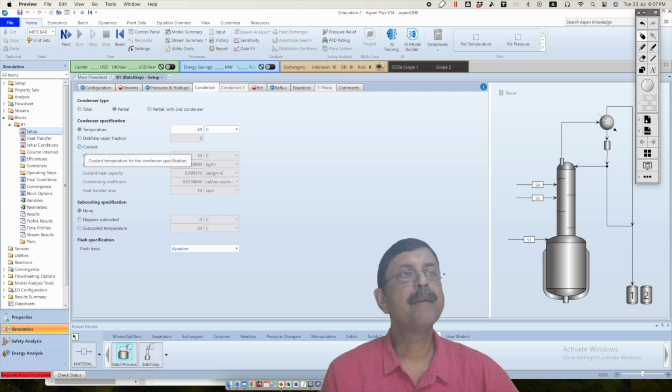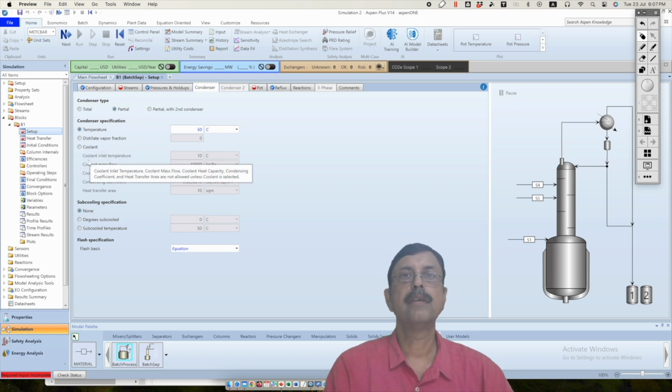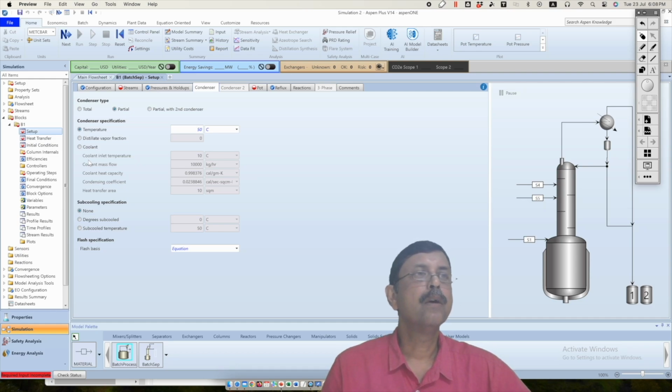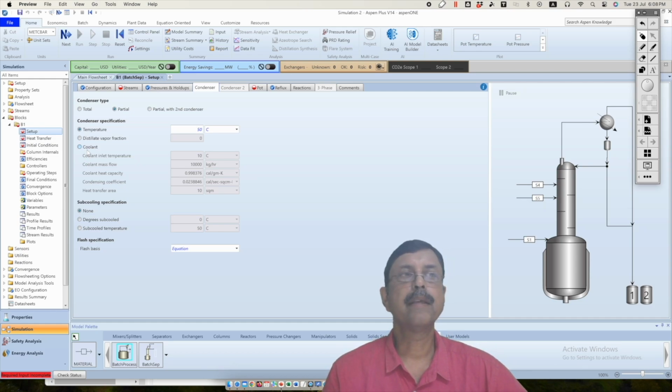Or you can specify the coolant, because each and every condenser will be fitted with some jacket through which the coolant will flow and condense the distillate. Okay, so the coolant temperature or the coolant mass flow rate, all those specifications may be given over here, and accordingly the condenser calculation will be done by the system.